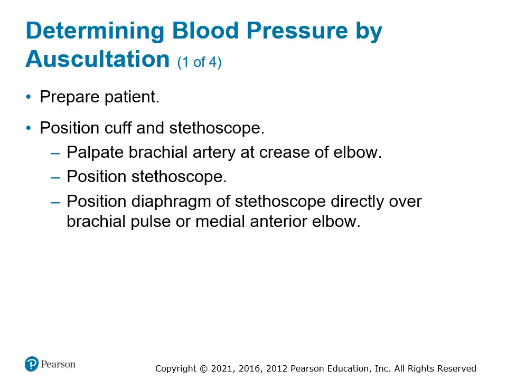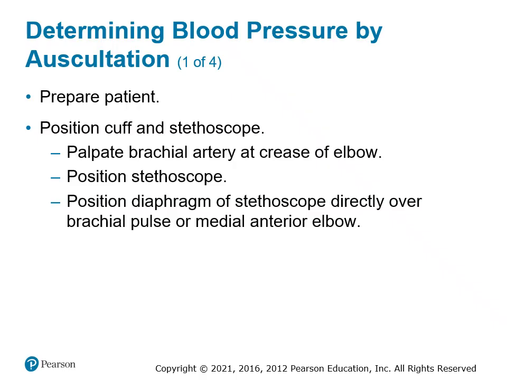All right, so taking the blood pressure, we want to prepare your patient and then put your cuff over the elbow in the upper arm, and you want to find where the brachial artery is.